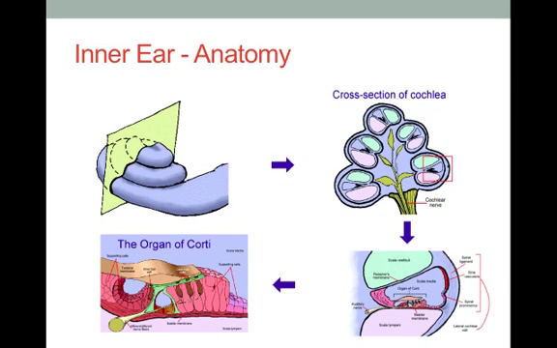The inner ear is such a fascinating anatomical structure. I talked about how it's as small as the nail of your pinky finger. But what's more important is that the structures are even much smaller in dimension.